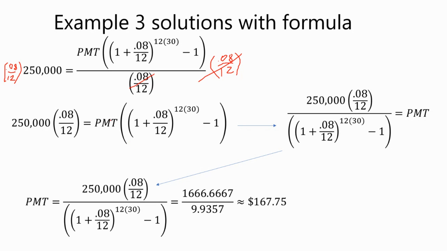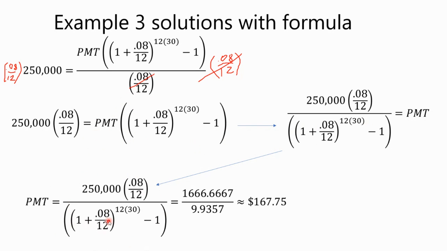So we're here now. To go from here to here, we divided both sides by this. That's how I got this. Then I put the PMT on the left, interchanging both sides. Then we have to solve for this here, and again, it's just order of operations.